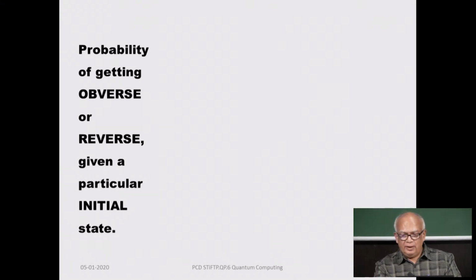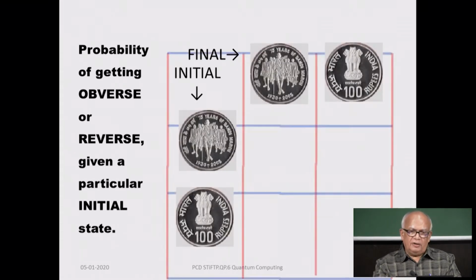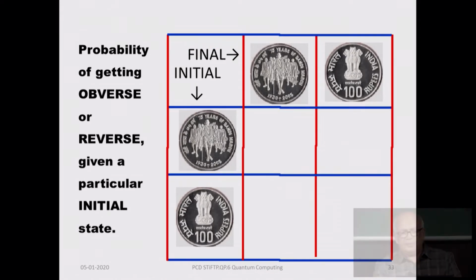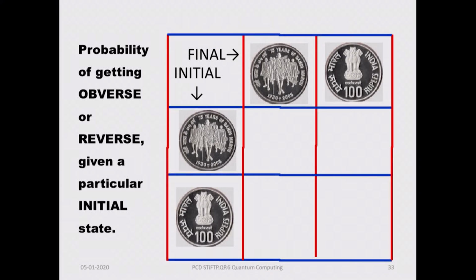And if you toss a coin, if you begin with heads, what is the probability that you will get heads? That probability is half. What is the probability that you would get tails? It would also be half, right? And if you started with the opposite side of the coin, it would still be the same.